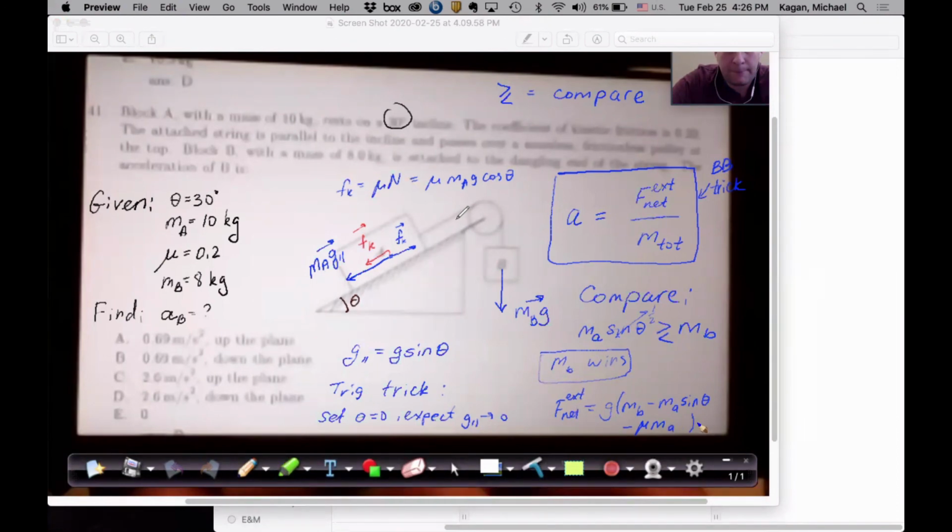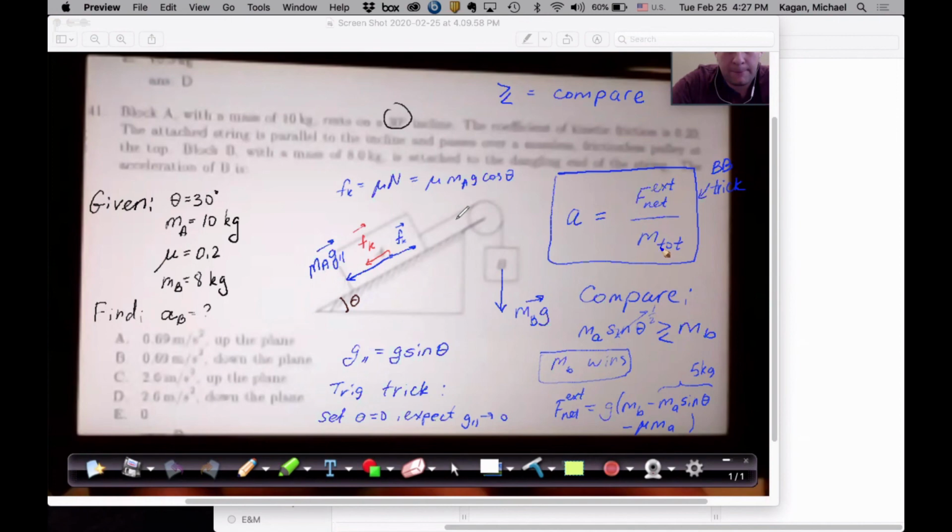Yeah, let's just see if it makes sense. MA is 10, so this is 5 kilograms. And this is 2 kilograms. Okay. So we got some positive number. Right? We got 1 kilogram effectively inside. So F external is 10 newtons divided by the total mass of 18 gives you the answer.